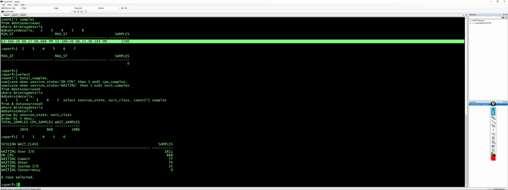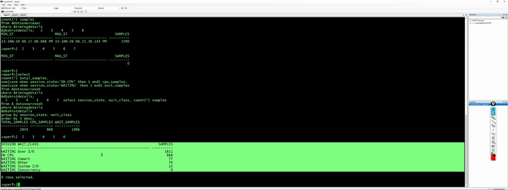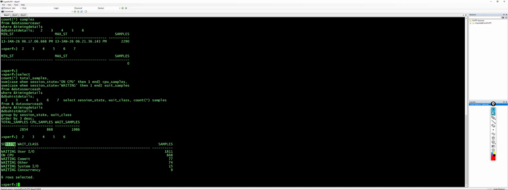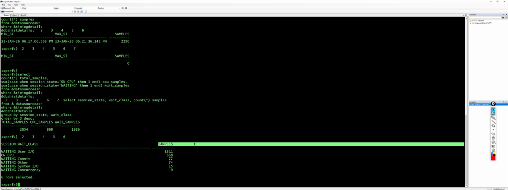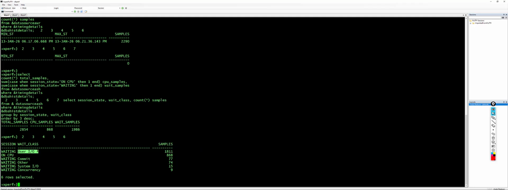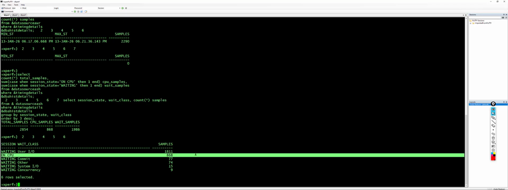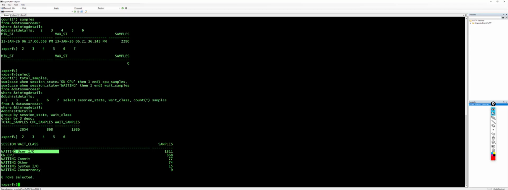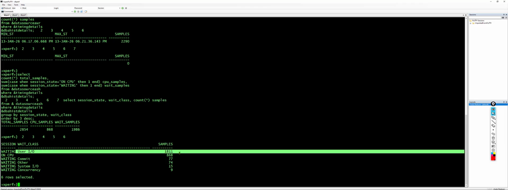And if you see the next one, the wait class, we are checking whether the session is waiting and on which wait class it is, and what the samples are. The top one is user IO. As I already mentioned, the database will either consume CPU or wait on other wait events. Here the top one is IO, which is expected.